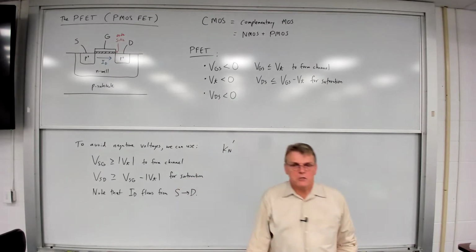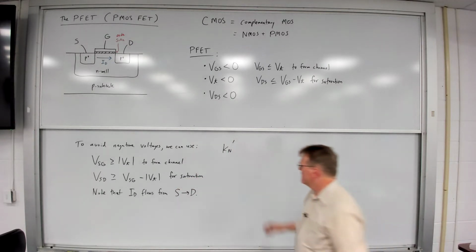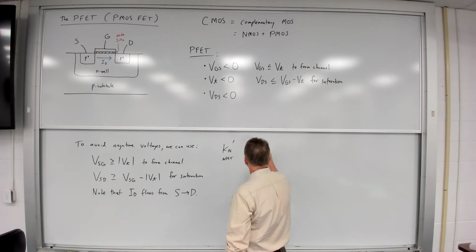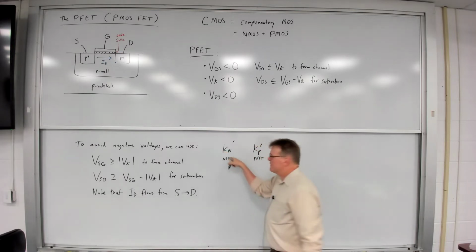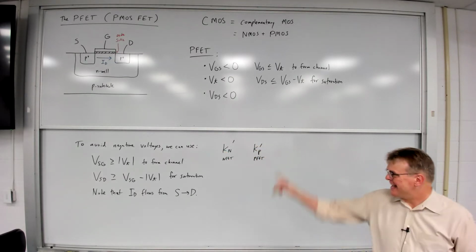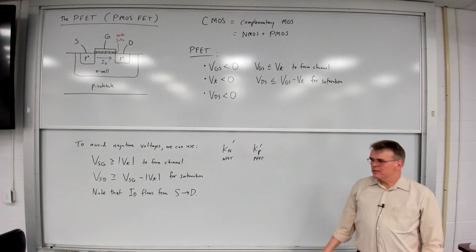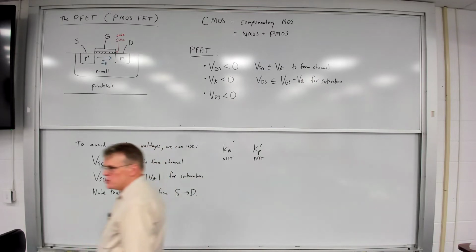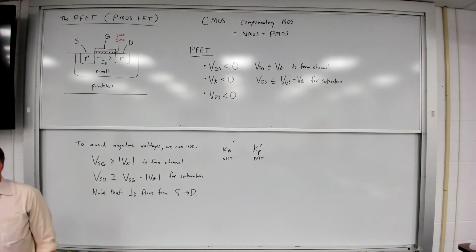Our transconductance parameter we had for the NFET, we're going to have a different transconductance parameter for the PFET. Instead of K sub n prime, we're going to have K sub p prime. And this, of course, indicates the fact that holes are now the majority carriers in that channel when we do the inversion of the channel.